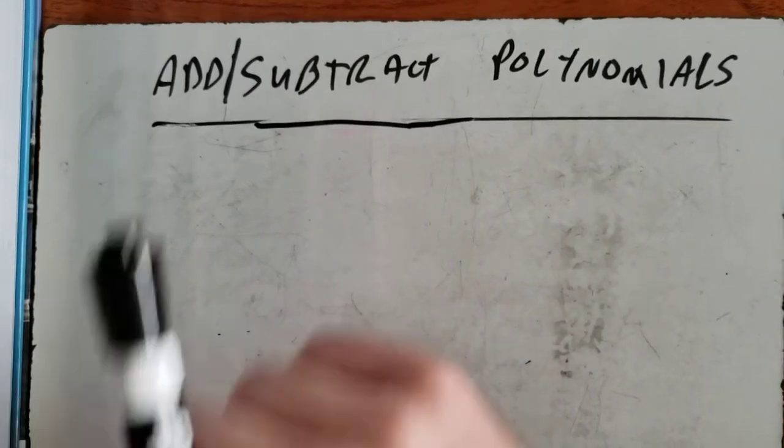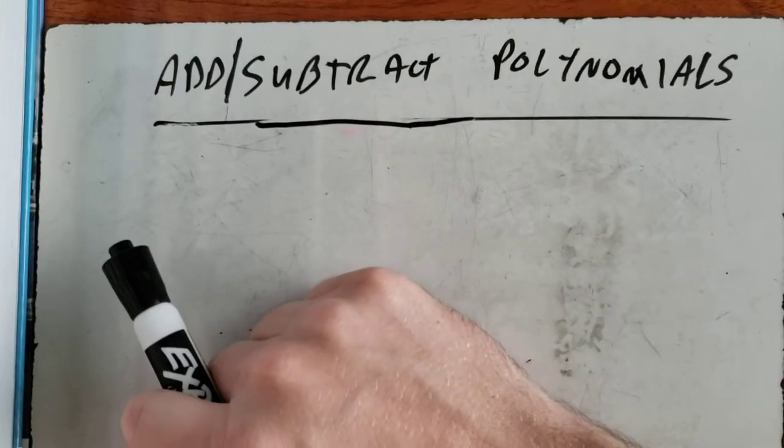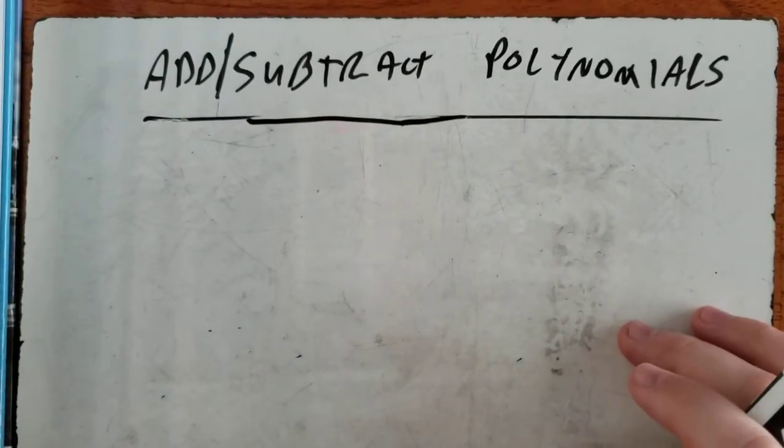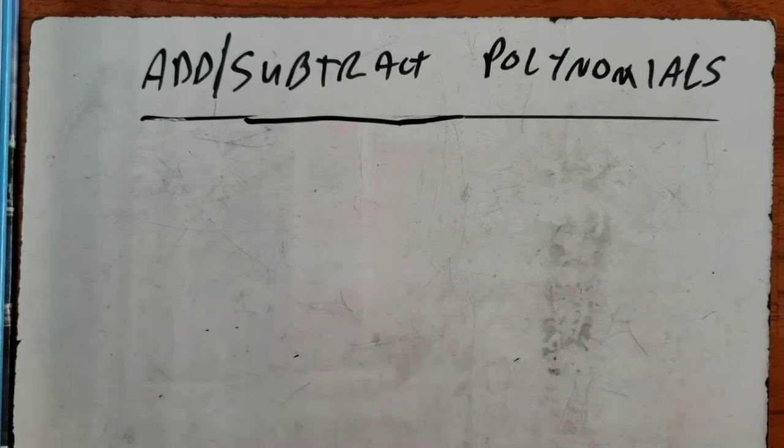All right, so moving on to part 2. Still adding and subtracting polynomials, but this time we're actually going to do the math. So let's start off easy, all right?